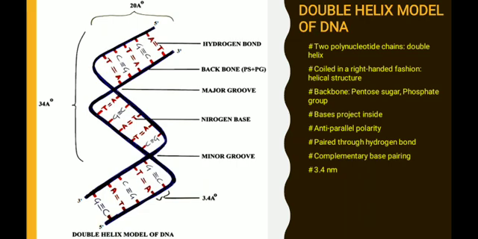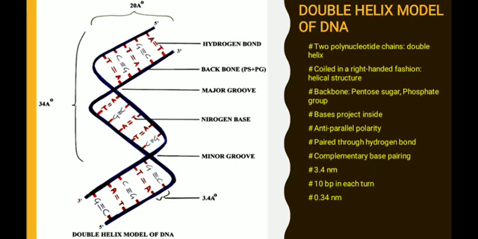The distance between AT and GC is 3.4 Angstrom. 3.4 Angstrom means 0.34 nanometer. Such 10 base pairs are found in each turn. So 0.34 nanometer into 10 becomes 3.4 nanometer.